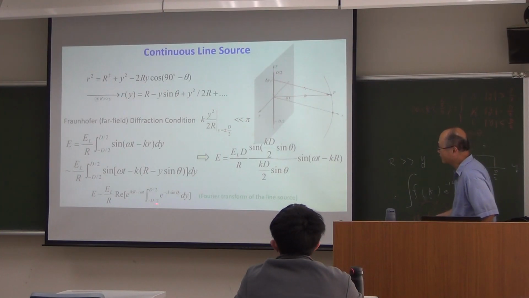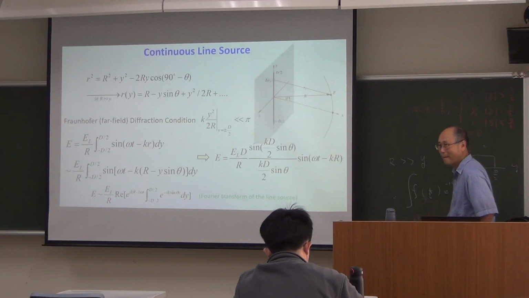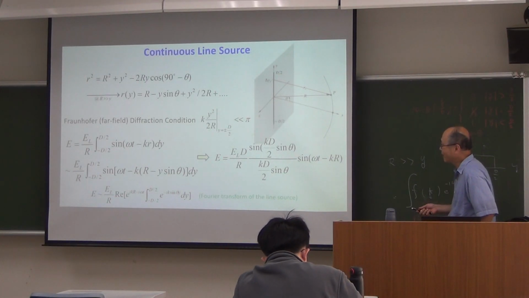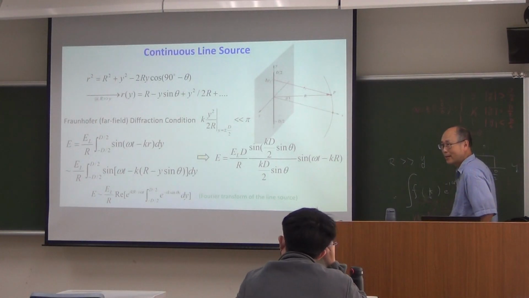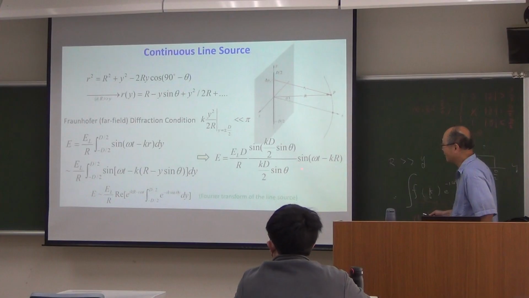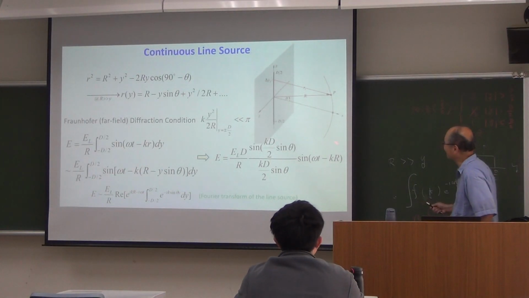So you integrate from minus d over 2 to d over 2. All right. The point I want to give you is that this calculation, in fact, is a Fourier transform of this aperture function. The result is a Fourier transform of this aperture function.